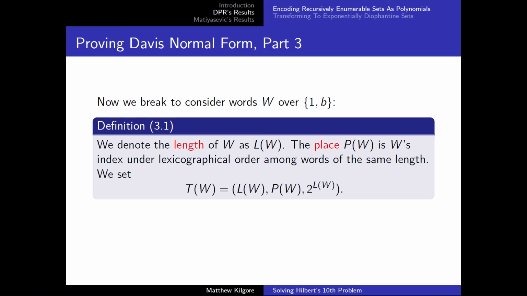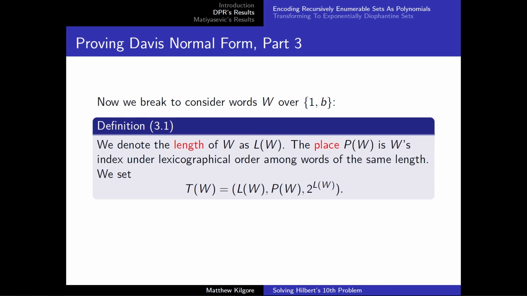So, for example, P of 111 is 1, P of 1B1 is 3, P of 11B is 2, P of 1BB is 4, and so on and so forth. We also set the triple of W, T of W, to be O of W, P of W, to the O of W. This provides a nice encoding of words of W.